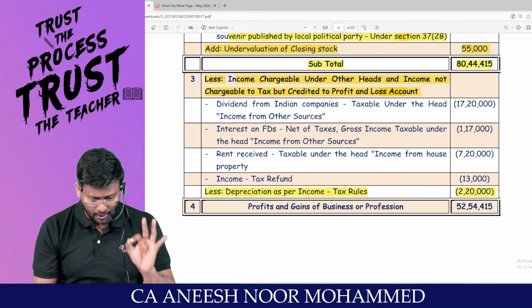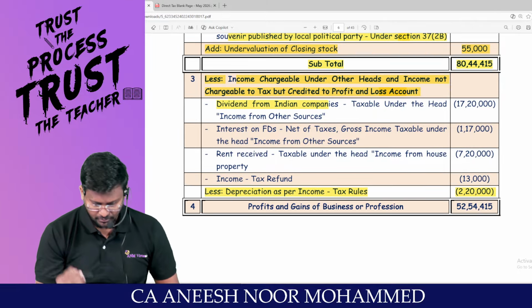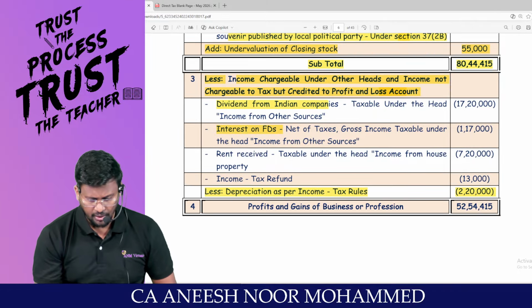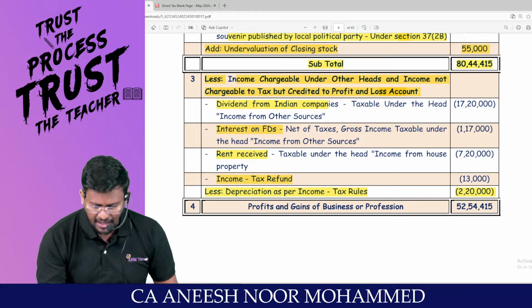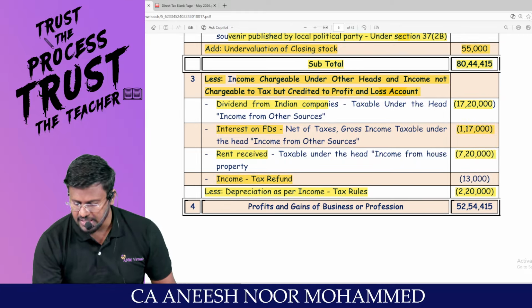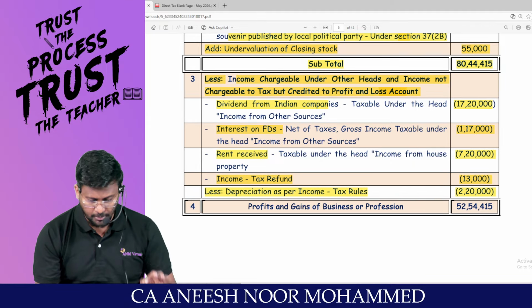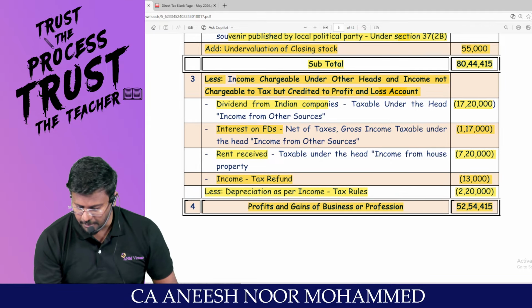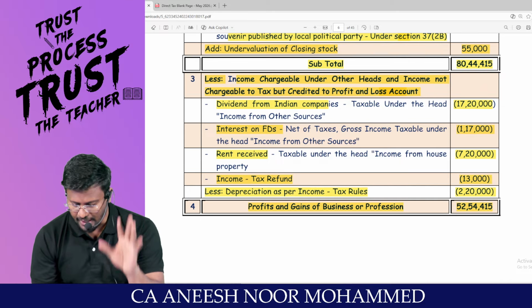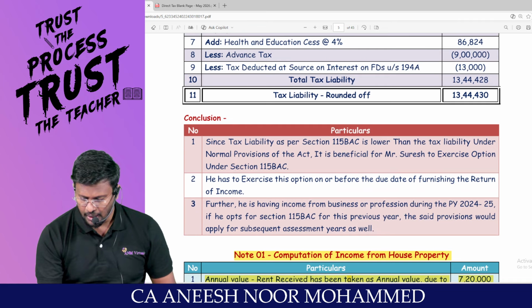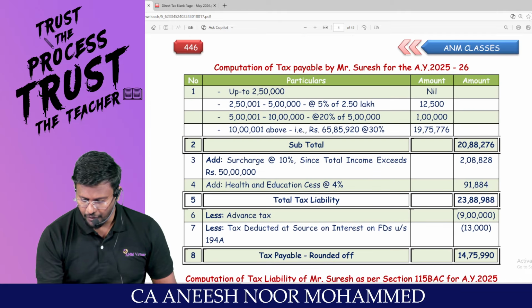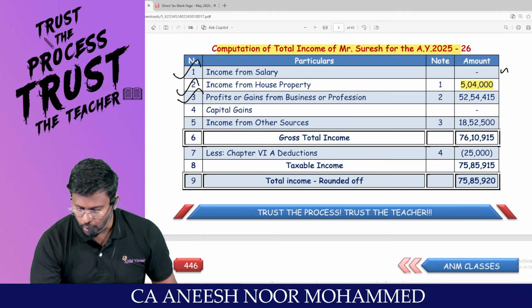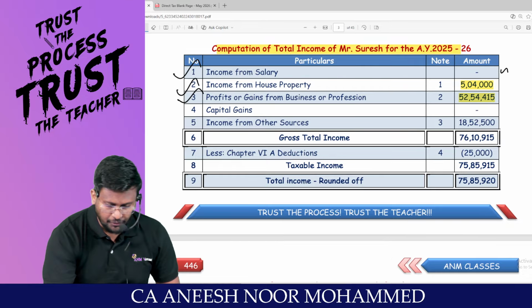It's an impurity to the P&L account, like dividend from Indian company, interest on FD, rent received and income tax refund. All has to be eliminated from PGBP. You will be getting the taxable PGBP as 52 lakh 54,415. That's the updated answer. Are you very comfortable with PGBP?